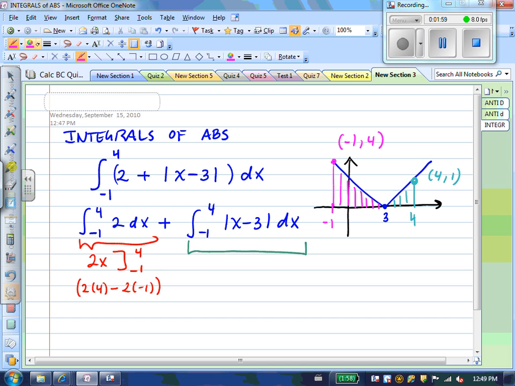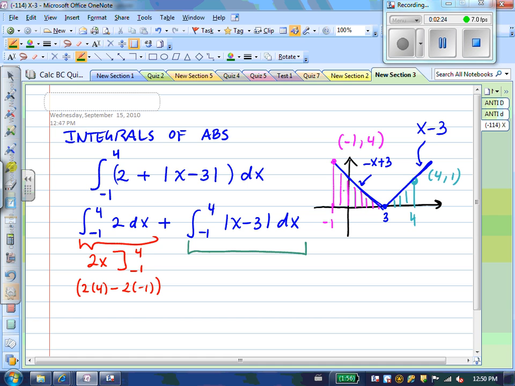Another option would be to recognize that these shapes are actually split up. For example, this half of the graph is x minus 3, and this half of the graph is -x plus 3. Why? Because absolute value is actually piecewise, where this is the ordinary part of the graph, and this is the negative part of the graph. So there are 2 ways you could do this problem.